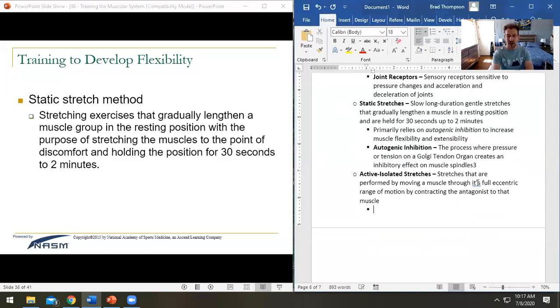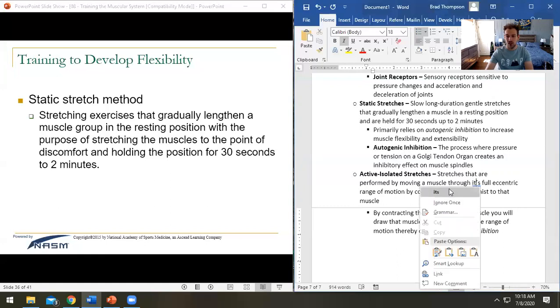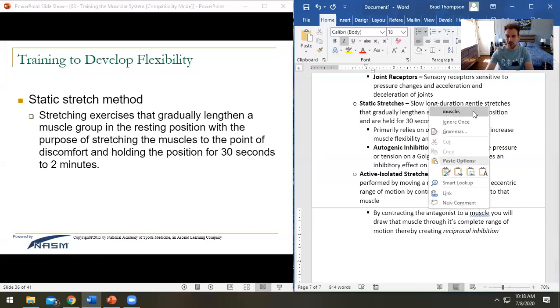So by contracting the antagonist to a muscle, you will draw that muscle through its complete range of motion, thereby creating reciprocal inhibition. Okay, so reciprocal inhibition is a totally different process, right?